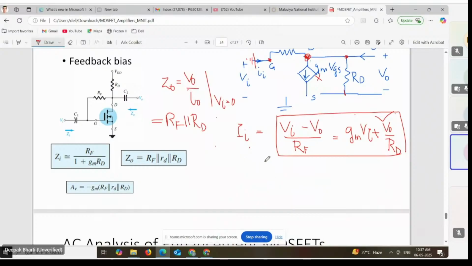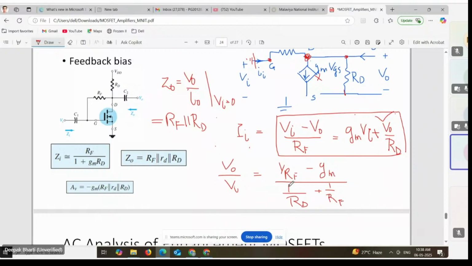So I will directly write that ratio, that V0 by Vi, that is your AV, will be equal to 1 by RF minus Gm upon 1 by RD plus 1 by RF.